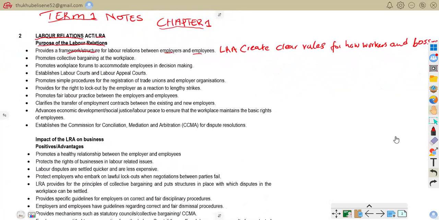Let us move on to the second point, where it says it promotes collective bargaining at the workplace. It means that employees can negotiate with employers through trade unions.